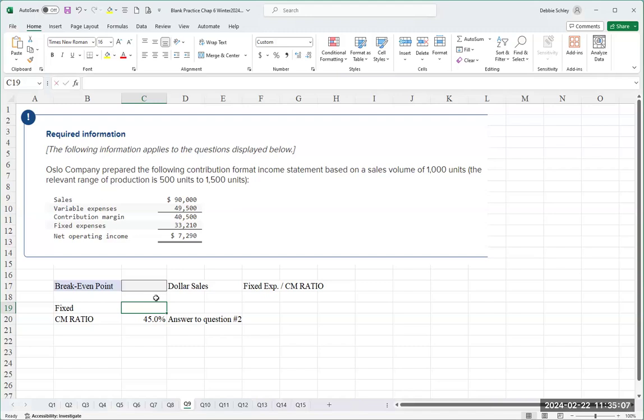So my fixed expenses are again 33,210. So to get to dollar sales, I take my total fixed expense divided by the contribution margin ratio. And this gets me to dollar sales.